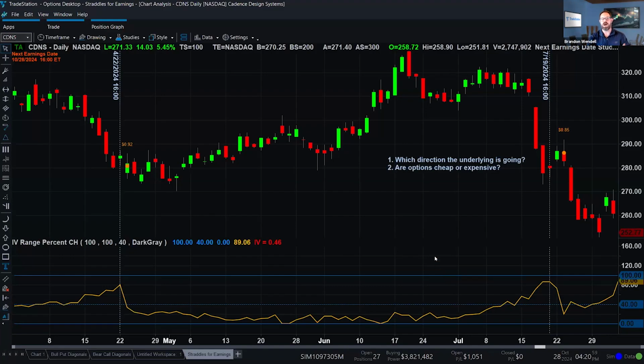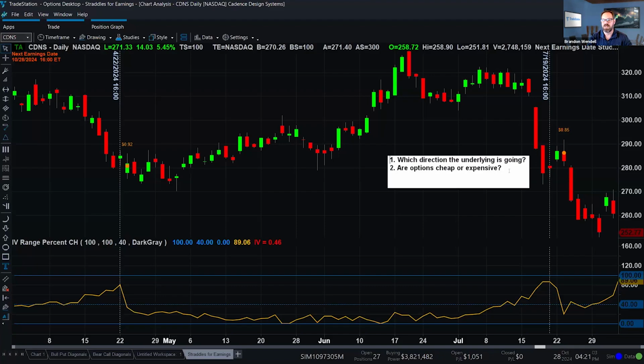Well, if the implied volatility, in this indicator, which is the IV range percent, if you are below 20%, that is cheap, really cheap. Now you got to keep in mind something that's really cheap can become even cheaper.